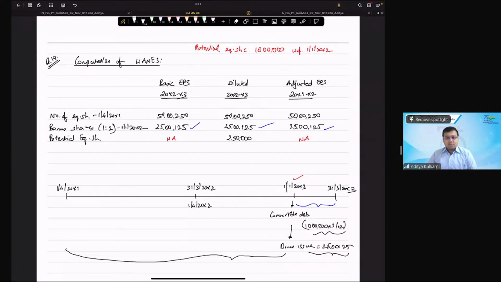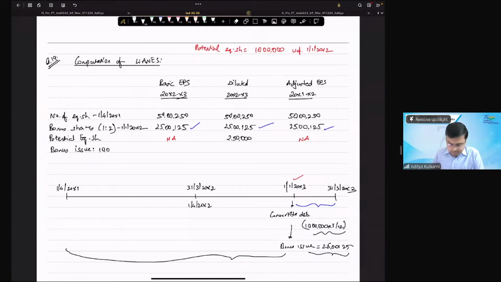Listen carefully now. Are 2,50,000 shares potential in X2, X3? Yes, sir. If these are potential, then bonus issuance also will be possible on the potential equity shares? Yes or no? Yes, sir. Bonus issue.